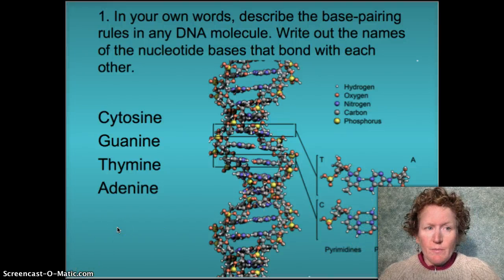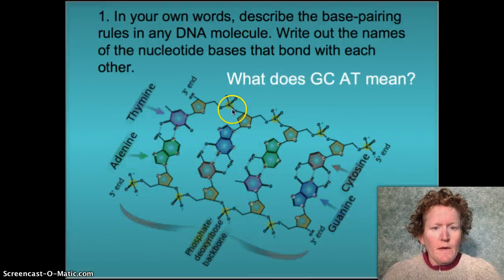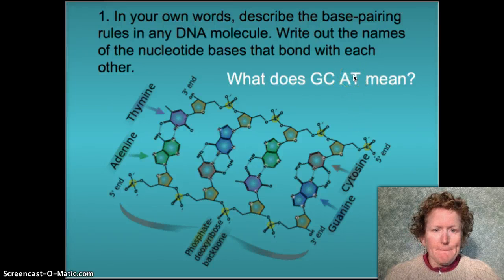So make sure you write a complete sentence for this question explaining how these base pairs work. If you need help remembering, GCAT is the way we remember that G pairs with C and A pairs with T.